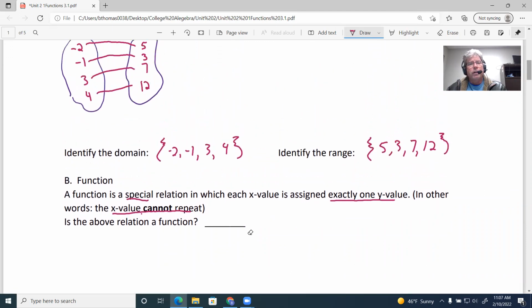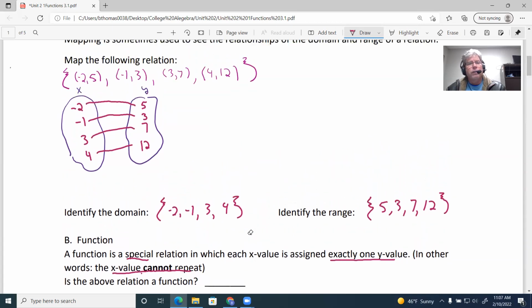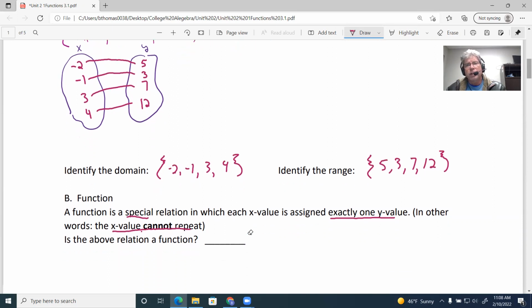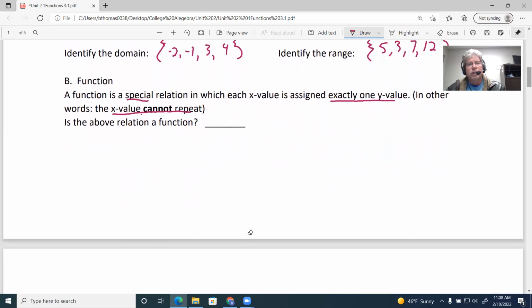Well, if you look up there, notice that if we look at our ordered pairs, I don't see an ordered pair that has the same x value. And notice how we have this kind of a one-to-one correspondence. The -2 was assigned to 5. The -1 is assigned to 3. I don't see the input value being assigned more than just one y value. So in this situation, since I don't see the x's repeating and there's this one-to-one representation, is the above relation a function? We would say, yes, it is.